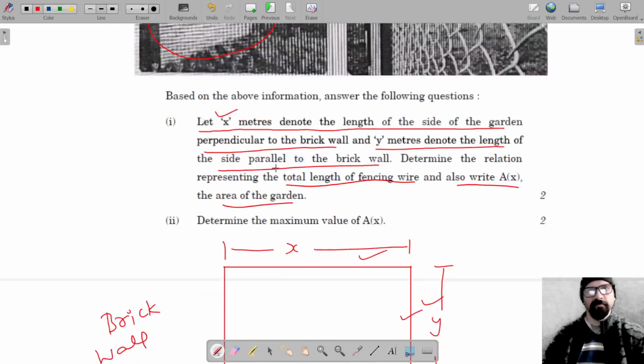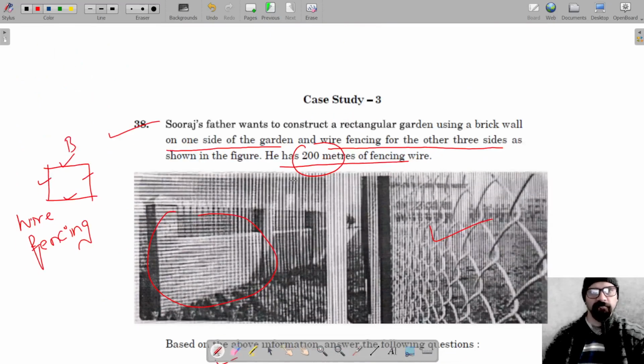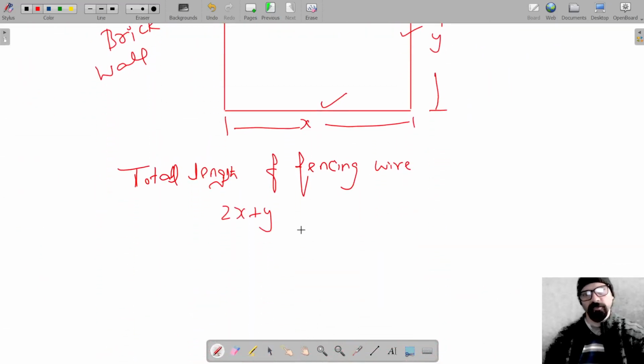It's given that the total length of the fencing wire is 200 meters, so the relation is 2x plus y equals 200 meters. This is the answer to part 1.